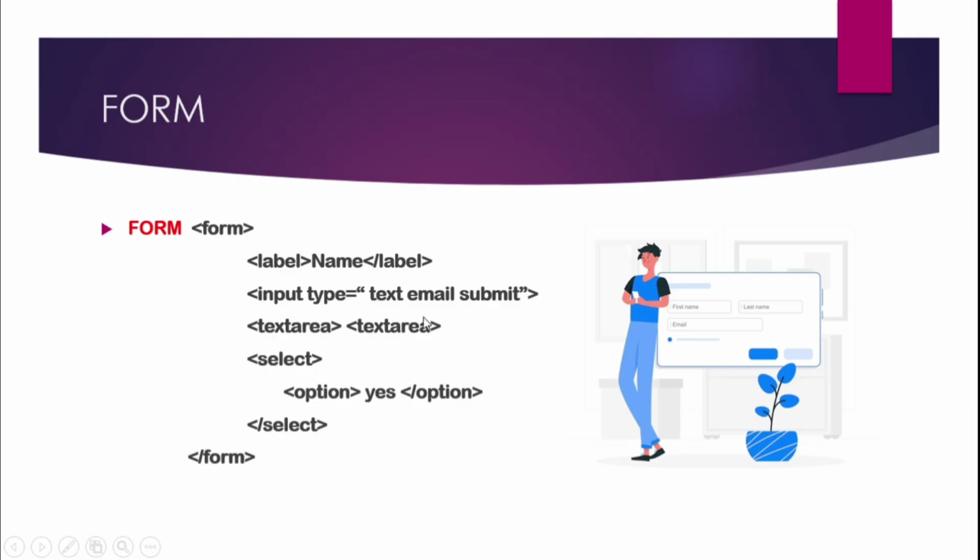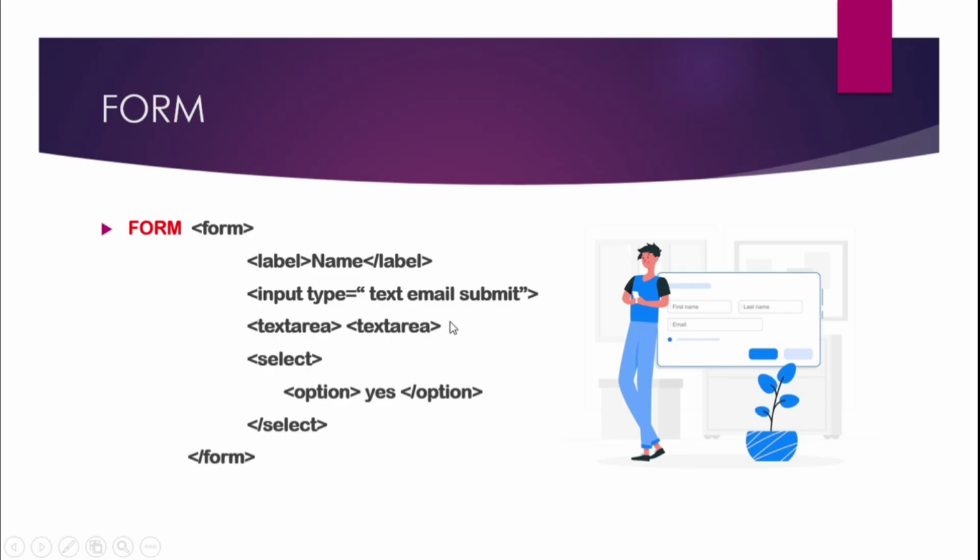So it's going to validate that. That is the importance of using a type. It will automatically validate. You don't have to write another JavaScript code to check whether the user has entered the correct email or not. So it is one of the best things in the HTML5 input tag, that is to add the type attribute that we have here. It can be text, email, or submit.